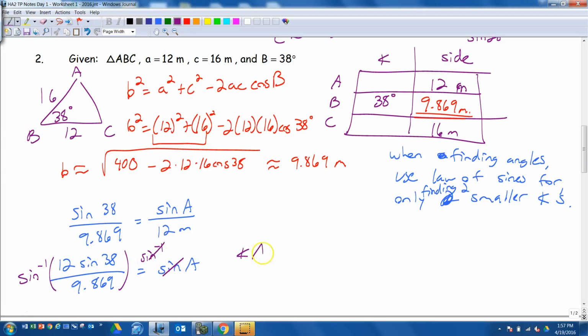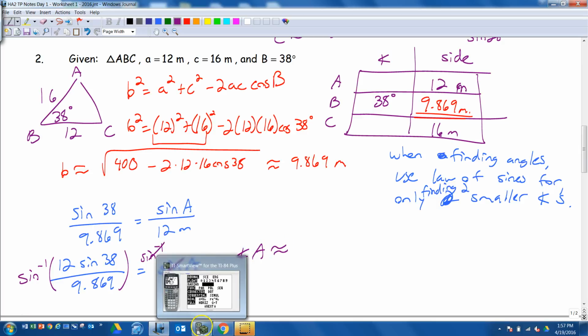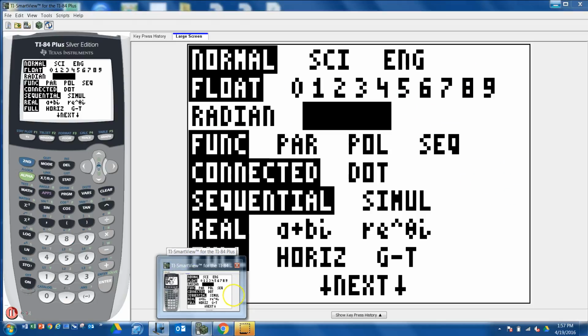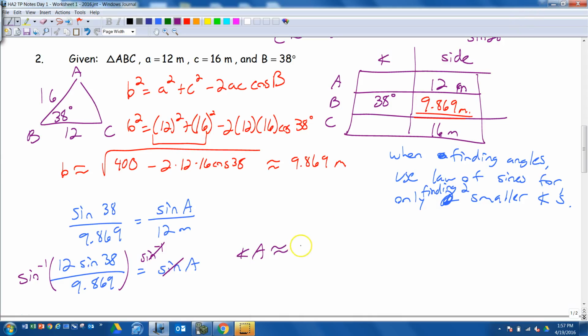And you get angle A is approximately 48 degrees, 29 minutes. And then once you have the second angle, you can find angle C by subtracting 180 minus the two other angles.